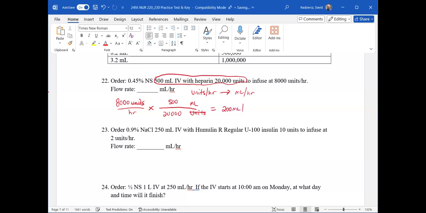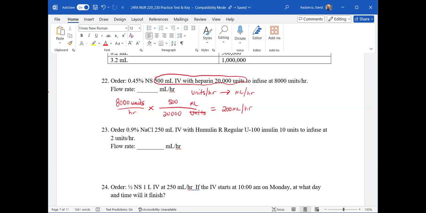Seems like a reasonable amount that you would program into an infusion pump. So again, all I'm doing here is converting units per hour to milliliters per hour, and you're just manipulating the available IV bag as your available drug.